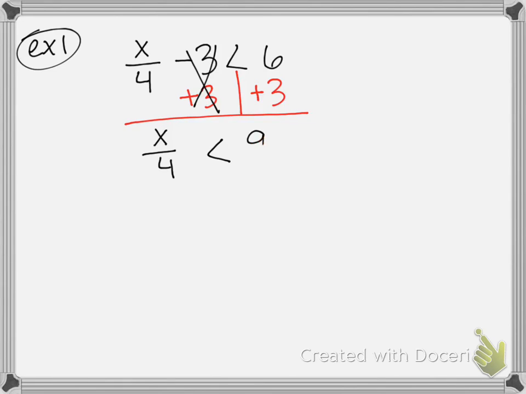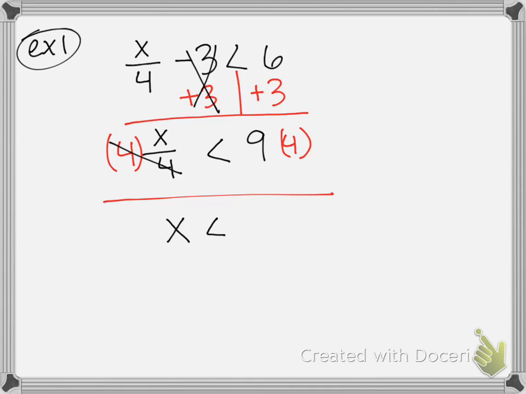That is 9. Okay. Now we have to get rid of this 4. So to get rid of that 4 is being divided. So the inverse, or the opposite of dividing, is multiplying. So I can multiply by 4. Right. So when I do that, my 4's cancel out on the left side. I am multiplying, but I'm not multiplying by negative, so my sign still stays the same.